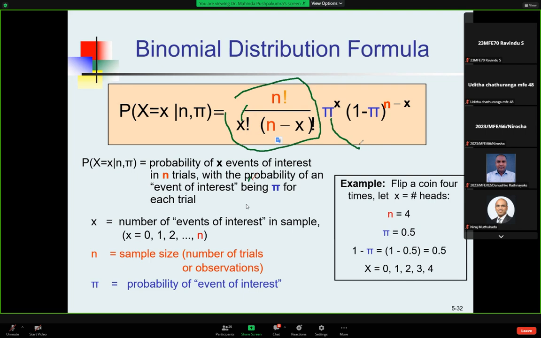This is the probability of the event of interest occurring. If you toss a coin, the probability is 0.5. Then here is 1 minus this probability. Then x is the number of events of interest in the sample. n is the sample size.